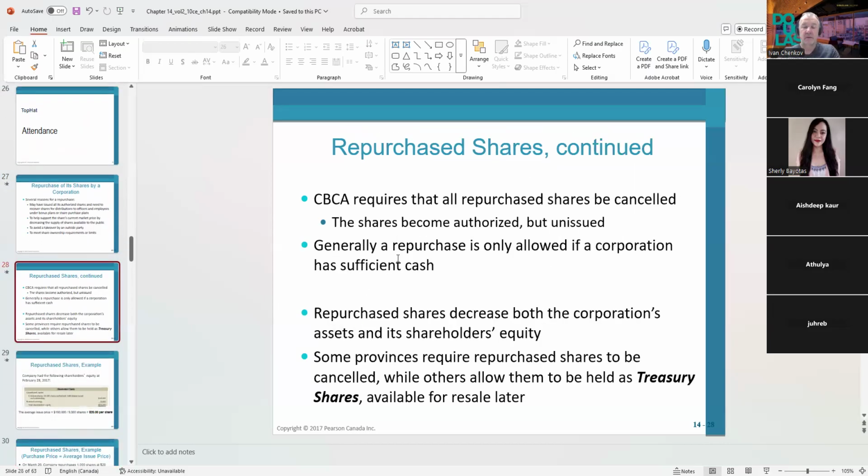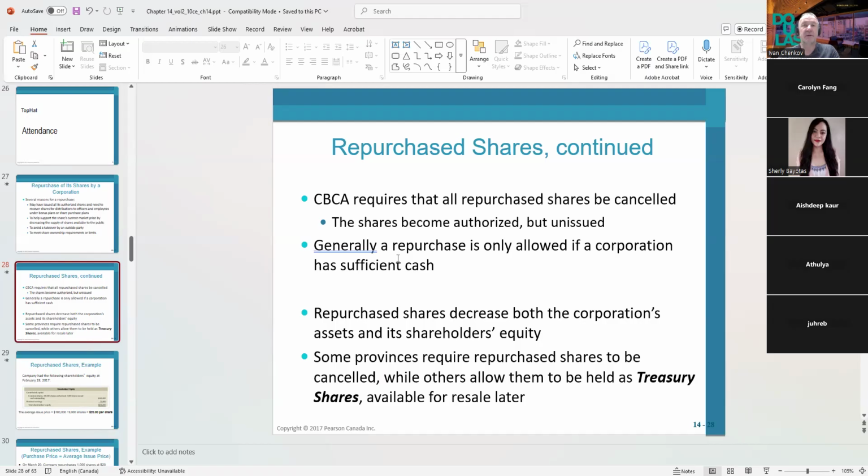Now, the Canadian Business Corporations Act requires that all the purchased shares have to be cancelled. Generally, a repurchase is only allowed if the corporation has sufficient cash, which makes sense. At the end of the day, you don't want to use your operating cash to buy your own shares.